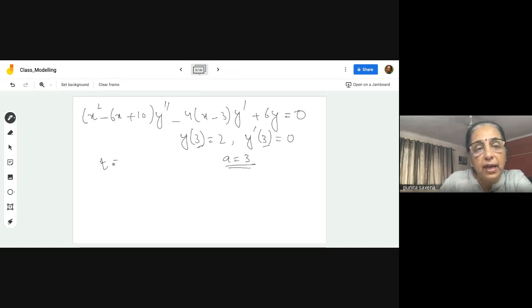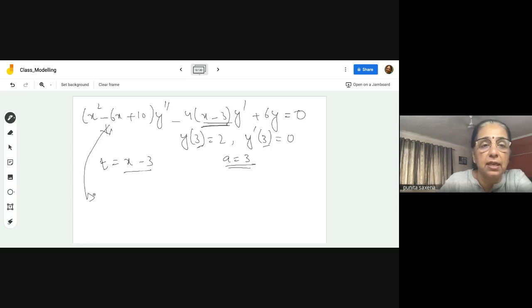So we'll define our t as x minus 3, the way we defined t as x minus 1 in the earlier problem. Now if I define this as my t, this gets converted to t. But I have to do a little modification.